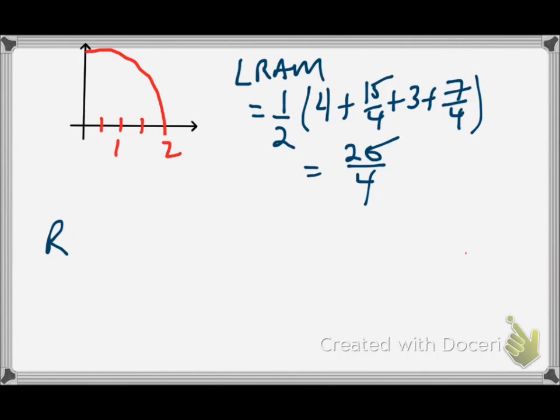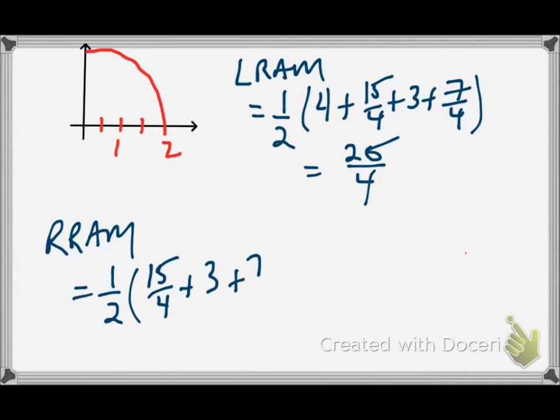For your RRAM, the base is still going to be 1/2, but this time the numbers are going to be 15 over 4, 3, 7 over 4, the same ones from before, but we're going to use the 0 that you would get from the height from 2. And so this time, the right side is actually smaller at 17/4.